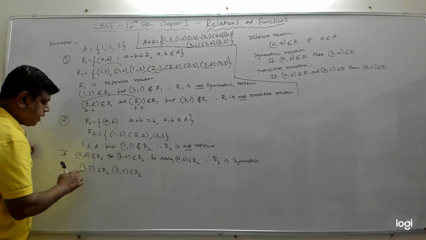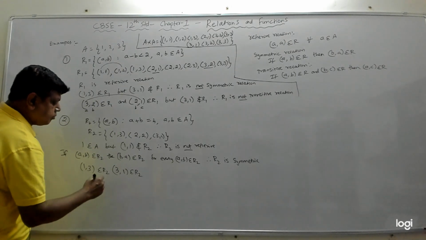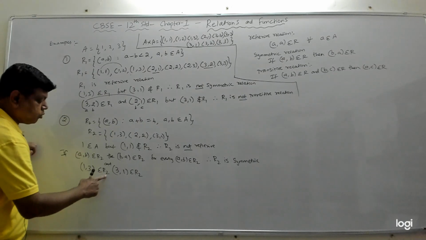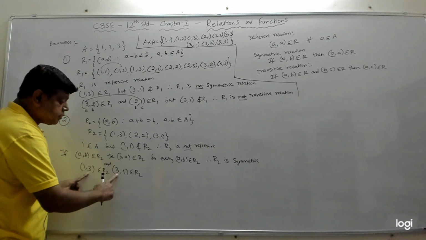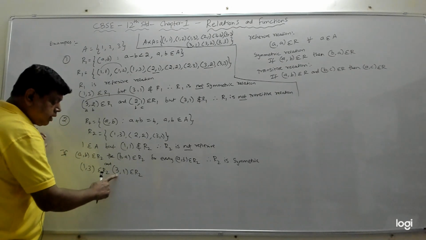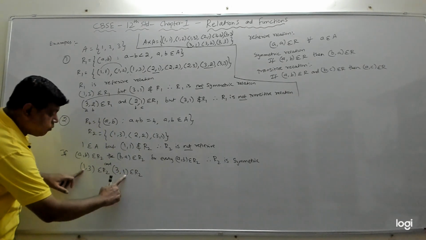This is of the form (a, b) and (b, c). Wherever one ends with 3, the next should start with 3. So (a, b) is in R2, (b, c) is in R2. Therefore (a, c) is what? (1, 1).